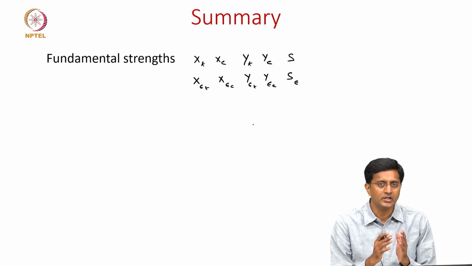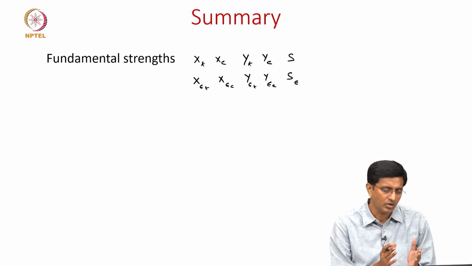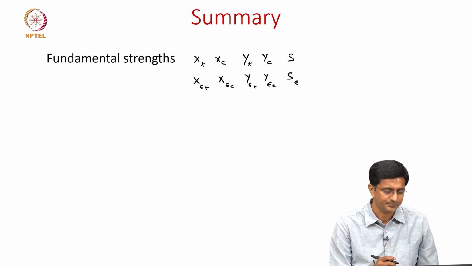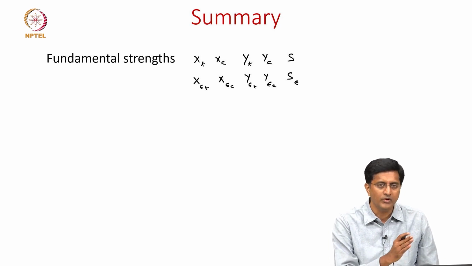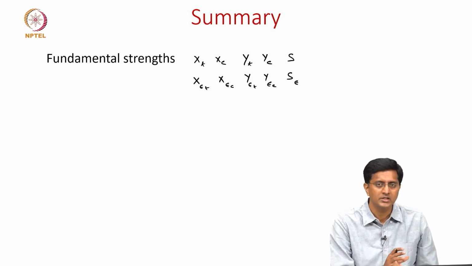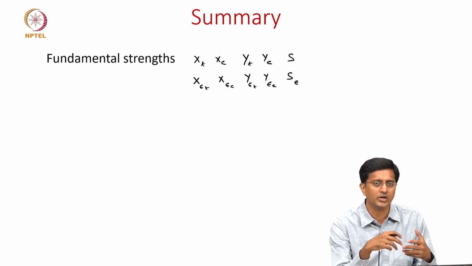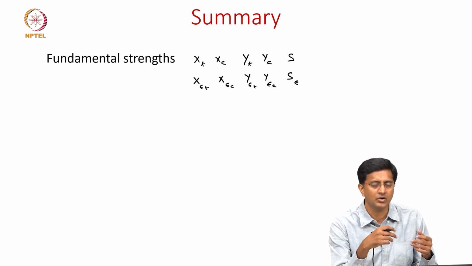Since we are only looking at the linear elastic case, we also showed how we can write this failure strain in terms of the failure strength and the stiffness in that direction. So we will use these fundamental strengths in the coming videos to show how we can predict failure not just under uniaxial loads but also in biaxial loads where we have loading in two directions.